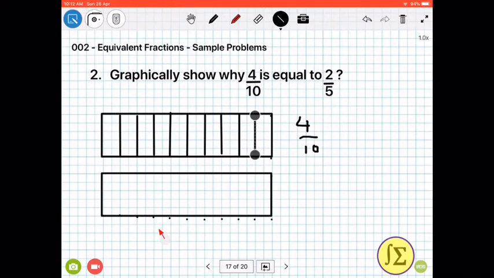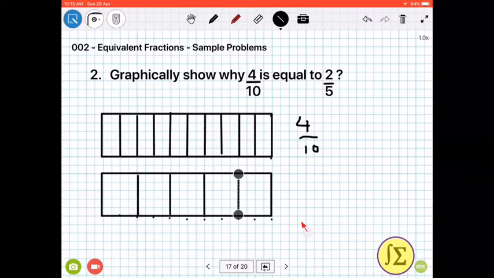All right, and then for the rectangle below, 2 over 5, I should divide it into 5 equal pieces, and each piece will have, since there are 20 squares here, and I want to divide them into 5 equal pieces, that means each piece will consist of 4 squares, right? So 1, 2, 3, 4. I'll draw a line here. All right, so this is 2 over 5.